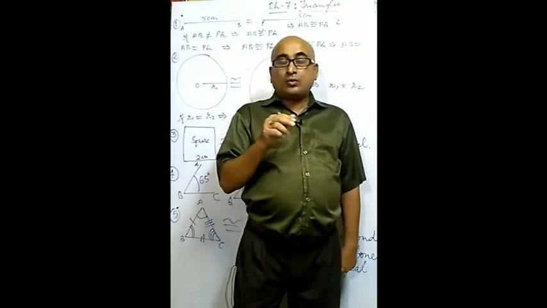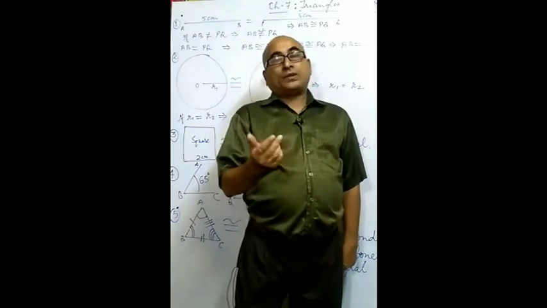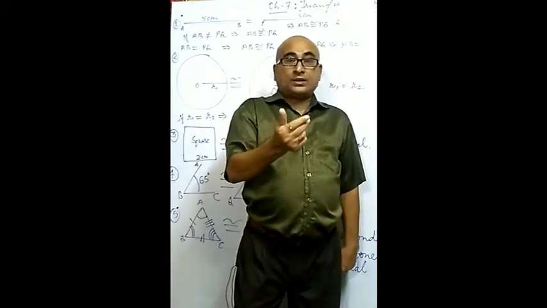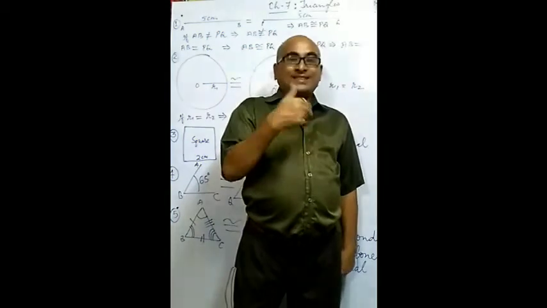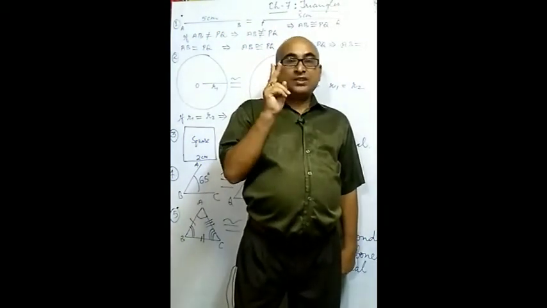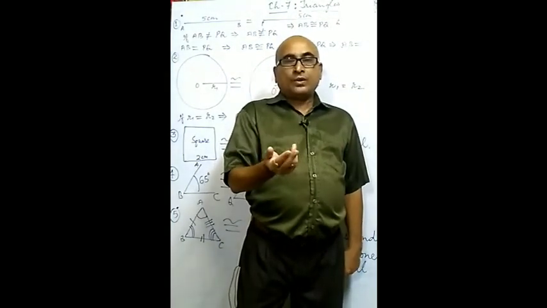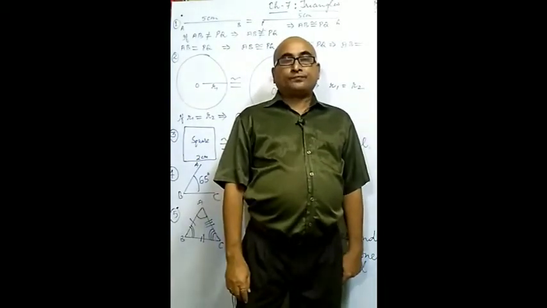We are talking about equal shape and equal size. Once again, listen: equal shape and equal size. If two or more objects have both these things, such objects are called congruent objects.